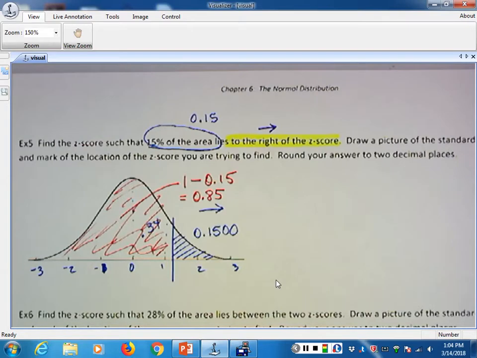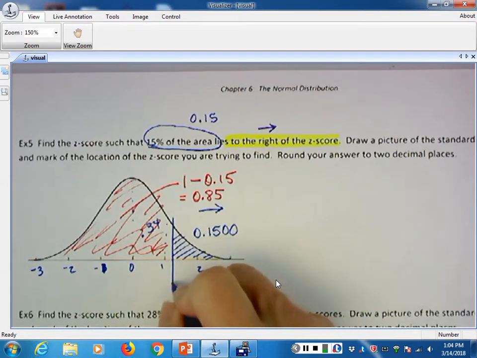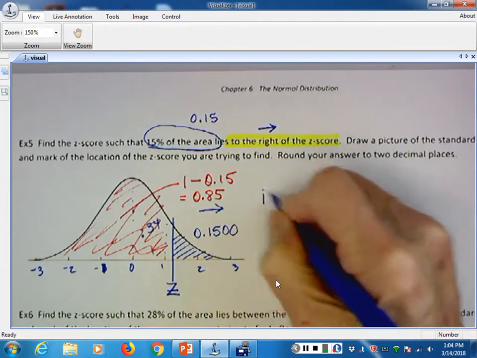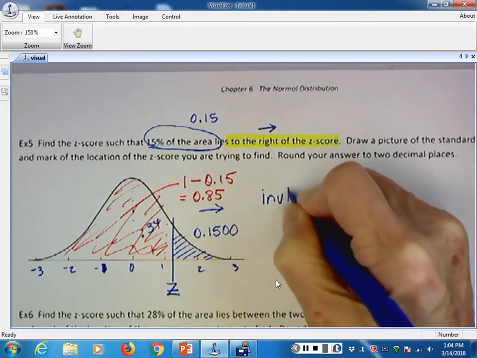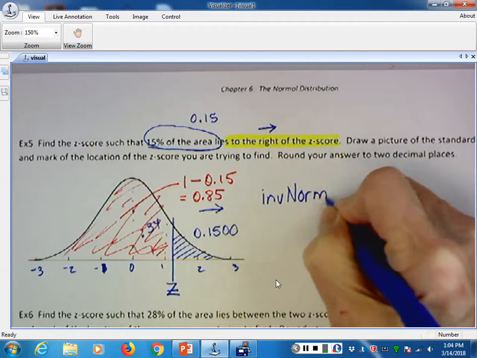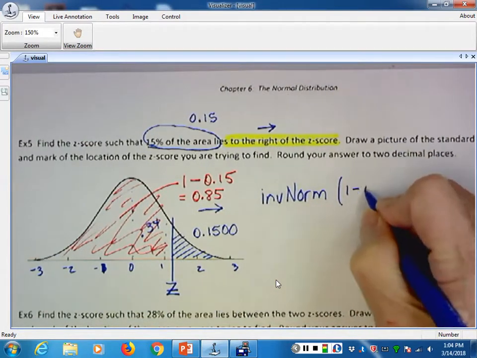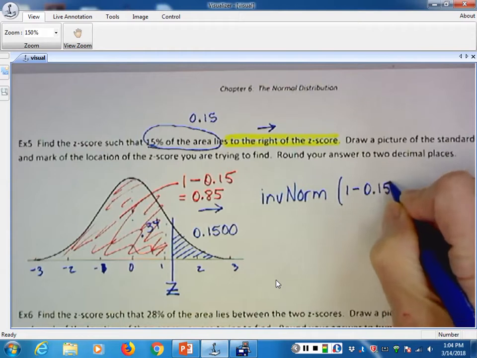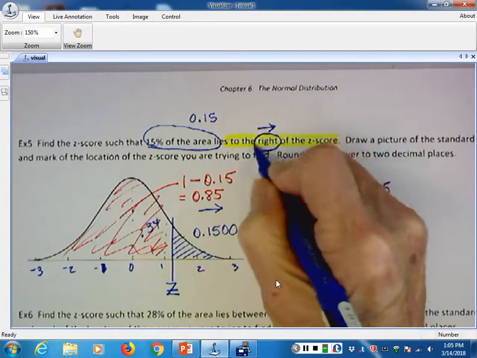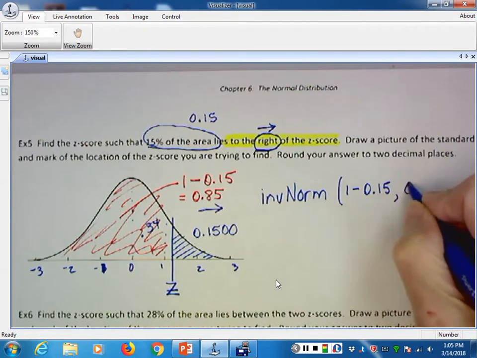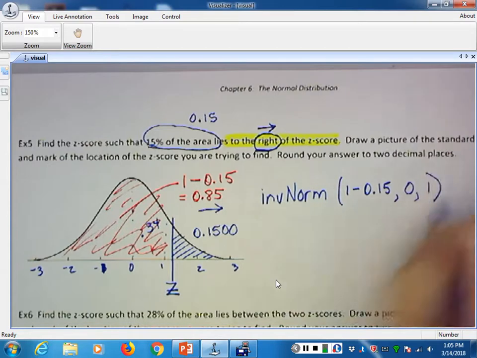So my command then to find this z-score is going to be inverse norm. The area to the left is 1 minus 0.15, and your clue to that was because it said this area is to the right. You need the area to the left. The area to the left is always 1 minus the area to the right. Your mean is 0, your standard deviation is 1.